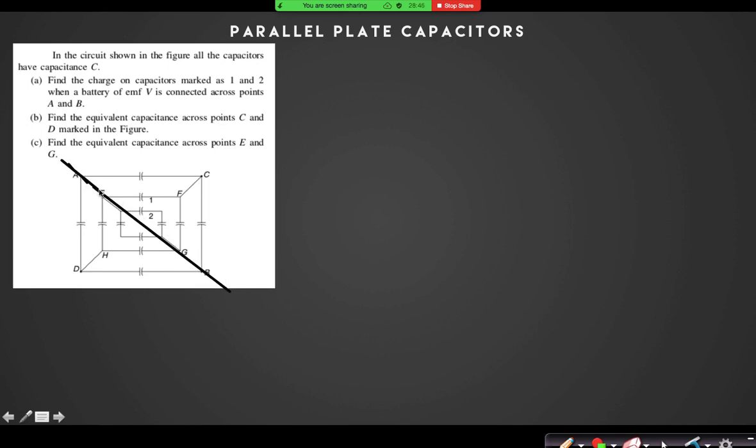So if there is a symmetry along this line, then from horizontal symmetry, can I consider these points D and C to be at the same potential? And also in a similar way, if I draw a vertical symmetric line, can I say that the current in this branch will enter into this branch and current in this branch will enter into this branch? So can I just forget about these intermediate branches that are connecting between these 2 points?